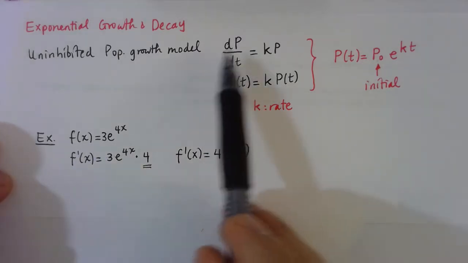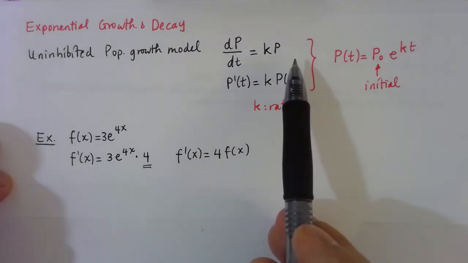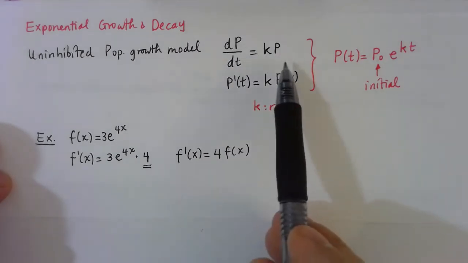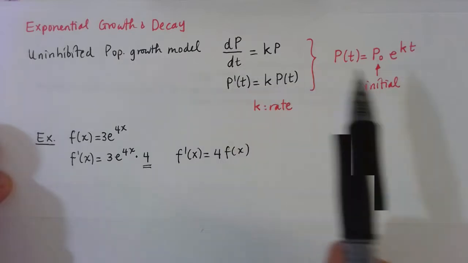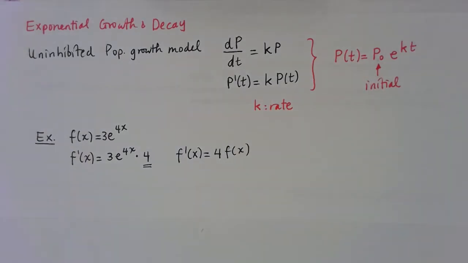Whenever we come up with a problem in which the rate of change is a constant multiple of the actual function, then we're talking about exponential growth or exponential decay.